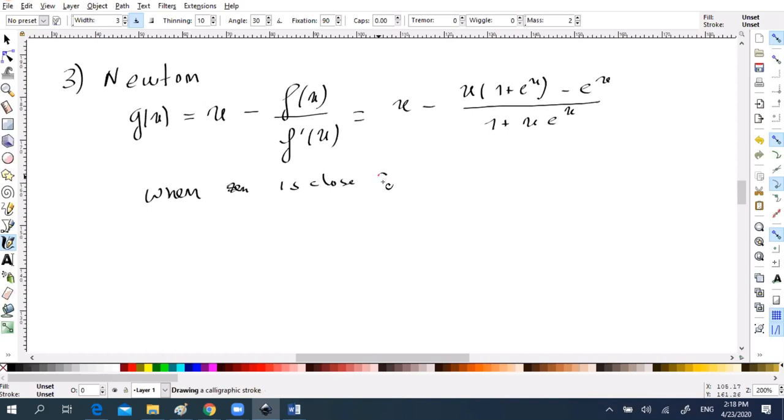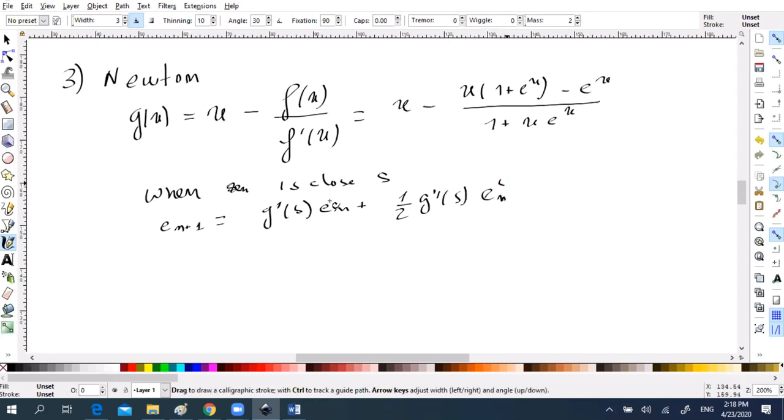So we can develop the error en plus 1, which would be g prime of s en plus 1/2 g second of s en squared, and I showed that the first one is 0, so you are left with this g second. I gave the expression for the g second here.